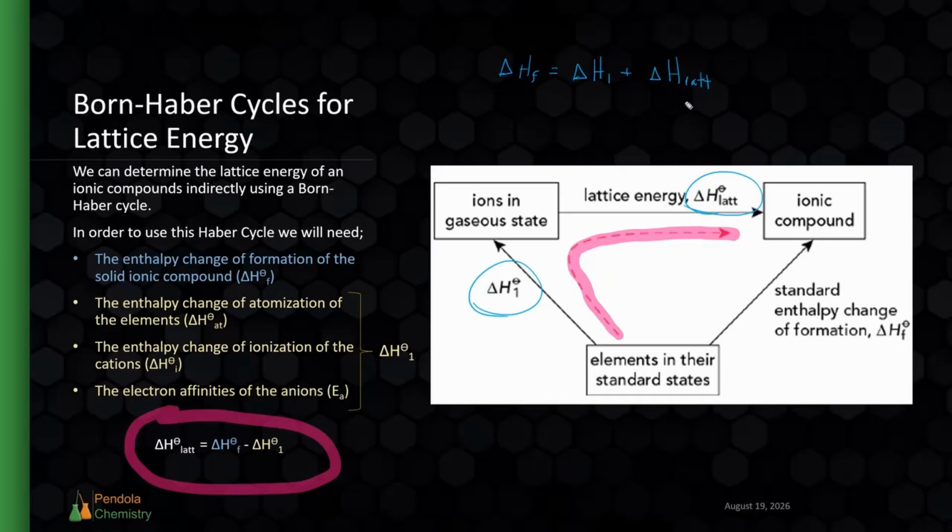Because remember, when we look at Hess cycles, when we do our alternate path arrow, we're going through the arrows that agree in direction, and then that's going to be equal to the arrow that disagrees. So delta HF is equal to delta H1 plus delta H lattice.